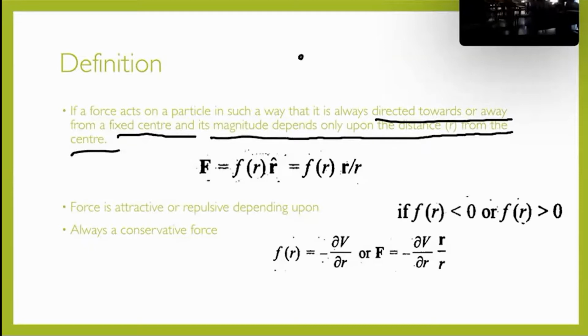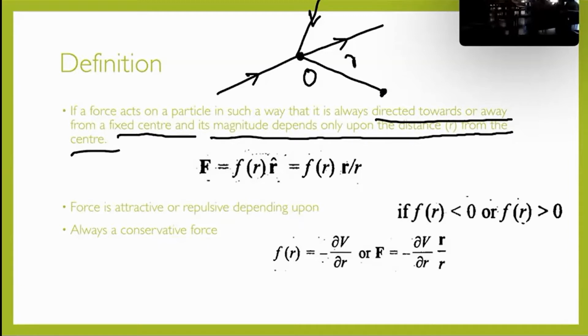For example, say this is the origin of the force, and this force will be either away or towards, that is, either repulsive or attractive in nature. Next, it will depend upon the distance between the center of force and the mass or the particle on which it is acting.